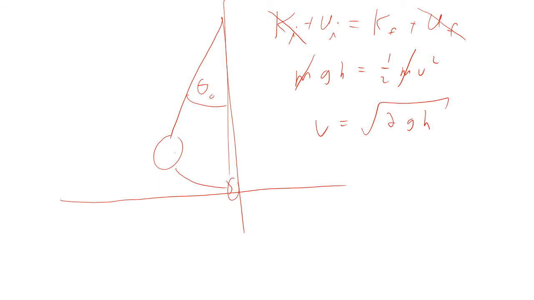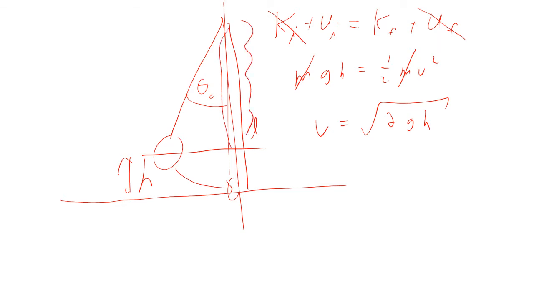Well, how far is h? h is this height right here. Okay, and so how do we find that? We know the total height here is L, and this little piece right here is going to be L cosine theta. So h is going to be L minus L cosine theta, or L times (1 minus cosine theta).